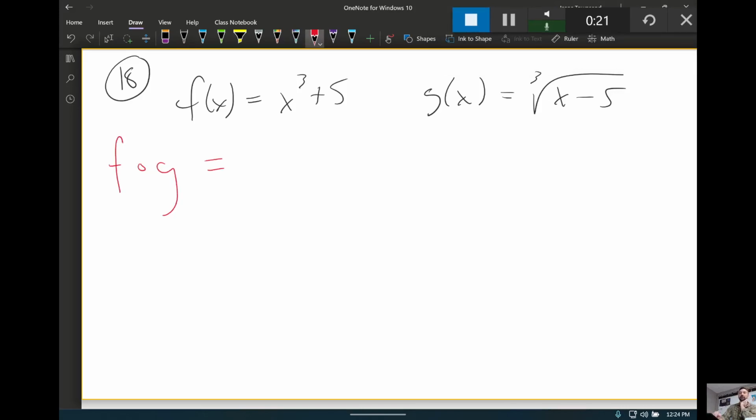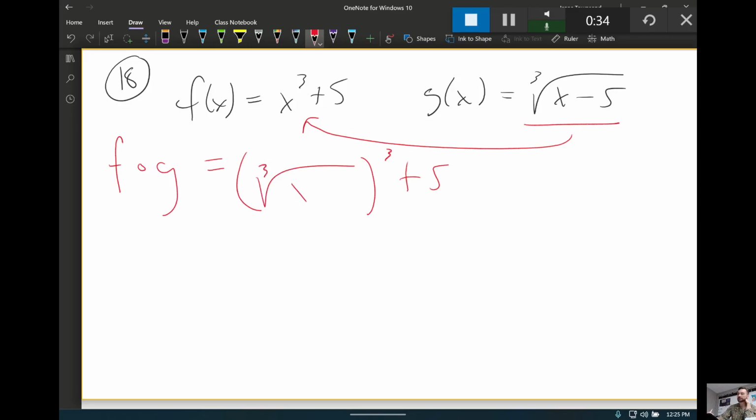So we need to figure out f of g, which is where we would plug g into f. So instead of x cubed plus 5, it would be this stuff cubed plus 5. And then we need to simplify.